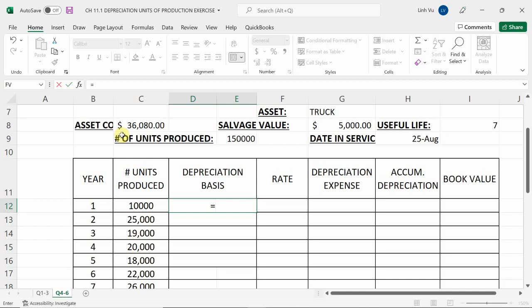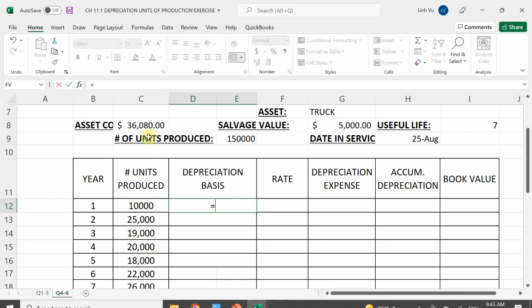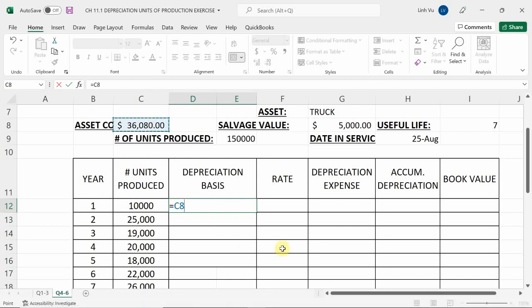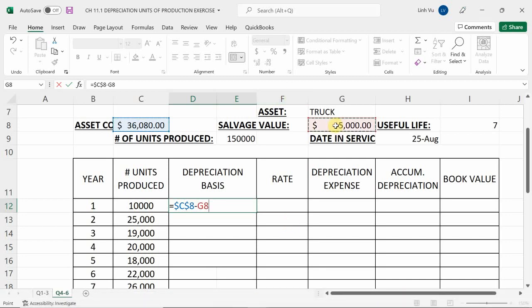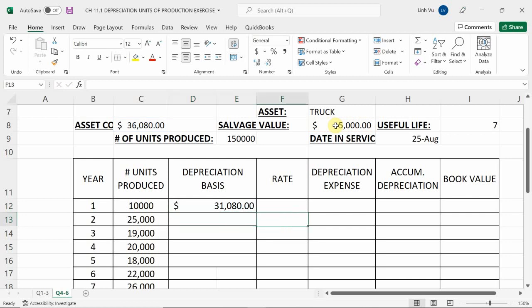What do you need to do with that salvage value? Subtract it from the cost of the asset. Good. So 36,080 minus salvage value of 5,000 is going to give me 31,080. Good.